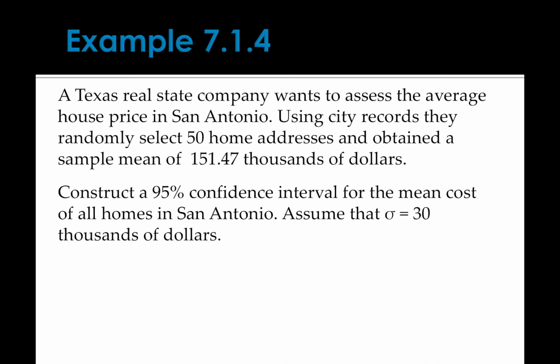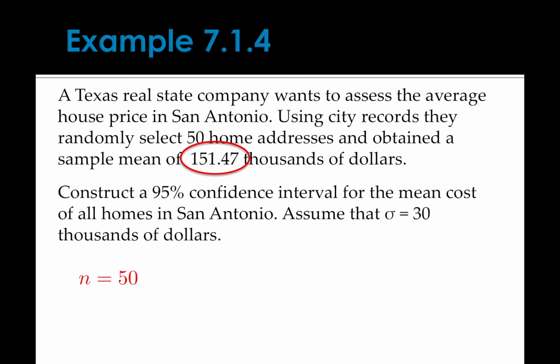All right, so again, we're just going to go through the problem and take notes. The first number that we're given is 50. Okay, so that is the number of home addresses they randomly selected. So that's going to be our sample size, n equals 50. They give us a number 151.47. They're even kind enough to have used the word sample mean before that.